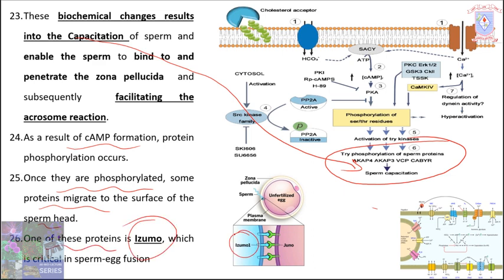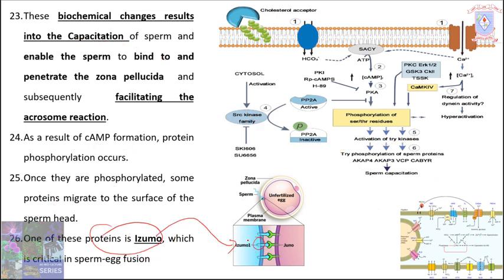Izumo protein is present on the membrane in the head region of the sperm plasma membrane. This is sperm, blue color is sperm, and this is unfertilized egg. When we zoom into the area, you can picturize as this. So here you can see this Izumo protein on the plasma membrane of the sperm, and Juno protein, that is the receptor for Izumo, is present on the egg plasma membrane.